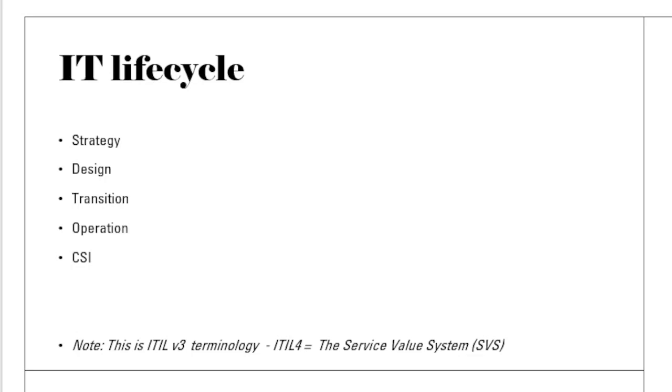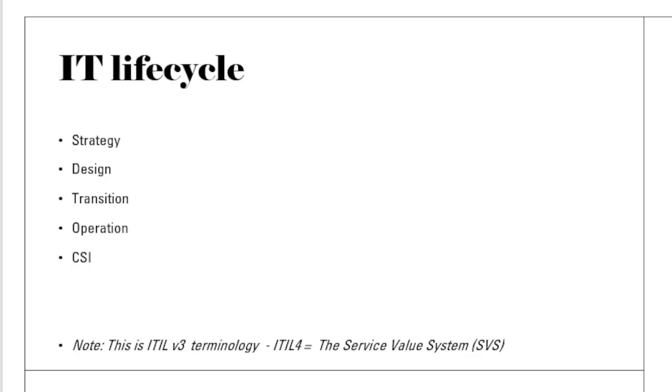So in strategy, for example, you would have things like demand management or financial management, portfolio management, business relationship management, strategy generation. In the design phase of the life cycle, you would have items such as supplier management, service level management, service catalogue management, availability, capacity, continuity, security, all activities that are in that design stage.